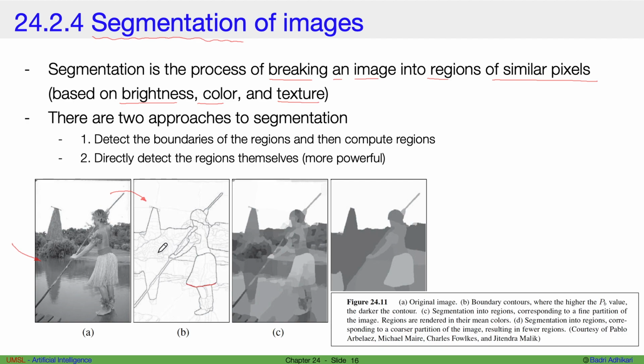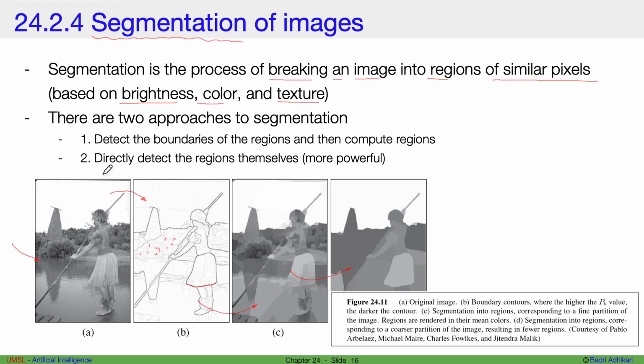Taking these edges as input, we can combine some of the detected pieces, or smaller segments of the image, into larger segments, and this can help us come up with something more meaningful, such as this one. And we can apply additional algorithms to further come up with segmented images like these, which can be much more meaningful to understand what objects are present in the scene and so on.